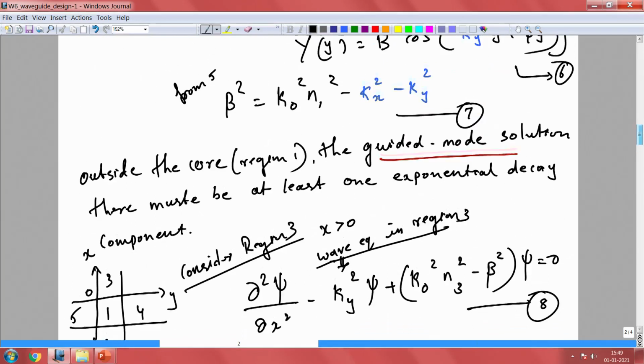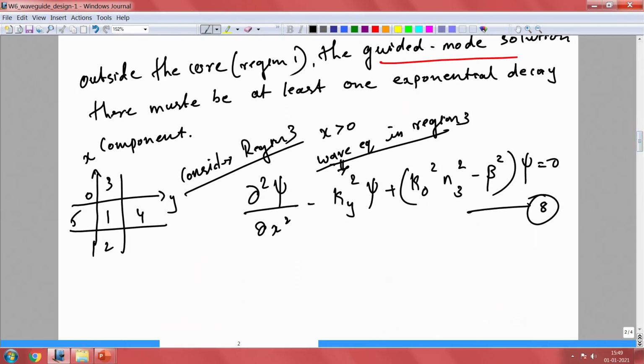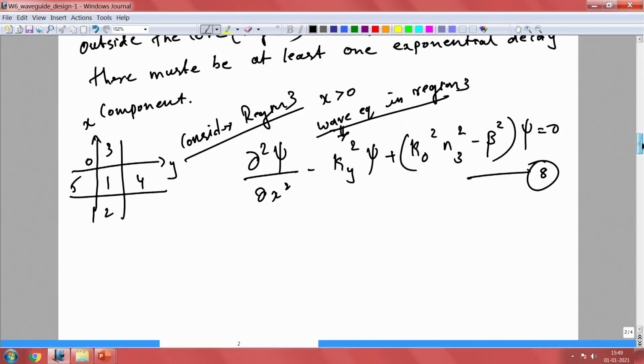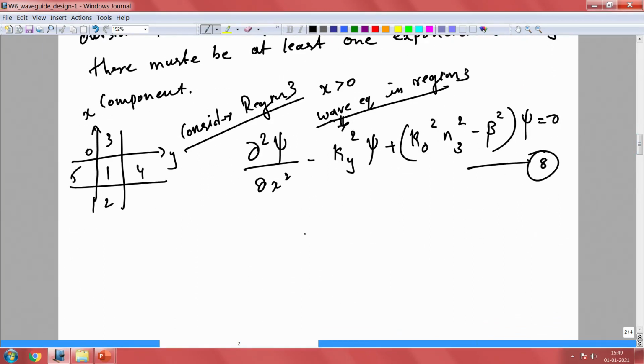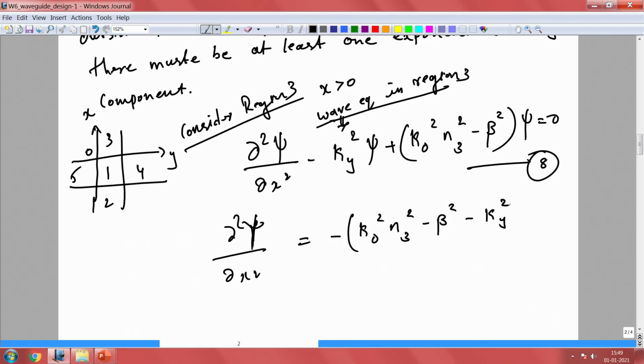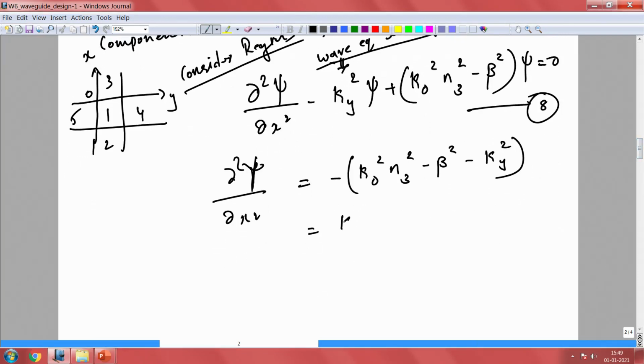If you do that, then what you will end up with is the right hand side of this, and dou squared chi divided by dou x squared should be minus k naught squared n 3 squared minus beta squared minus ky squared, which is equal to, after some rearranging here, k naught squared n 1 squared minus k naught squared n 3 squared minus kx squared.